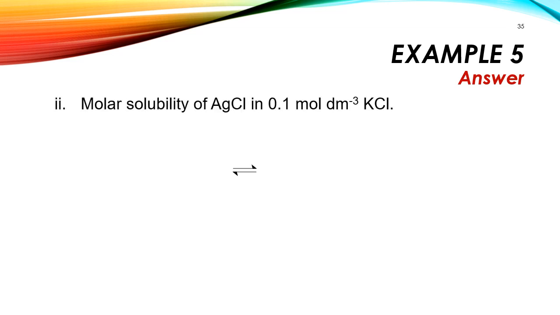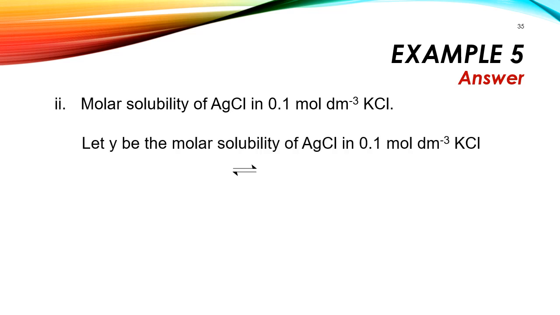Question number 2. What is the molar solubility of argentum chloride in 0.1 molar potassium chloride? Let's assume y is the molar solubility of argentum chloride in 0.1 molar potassium chloride.